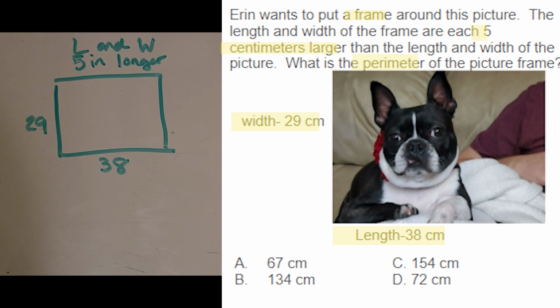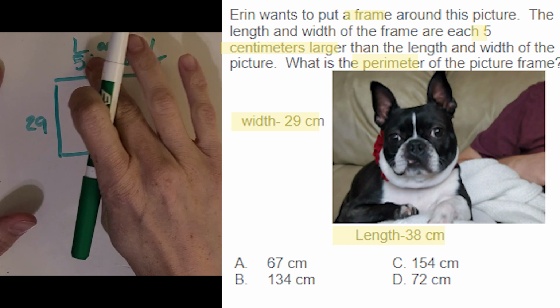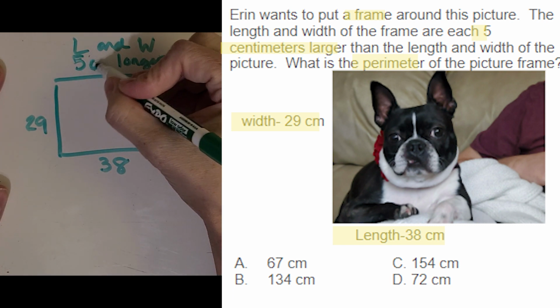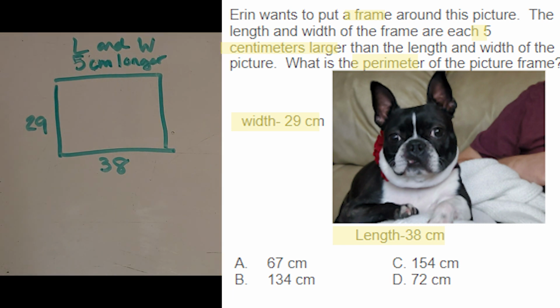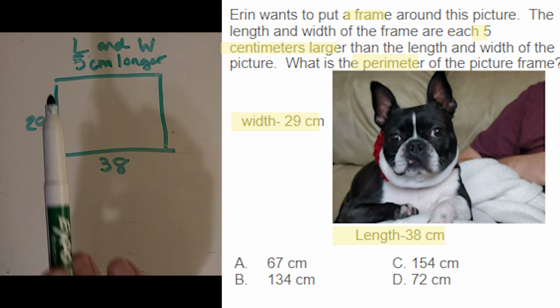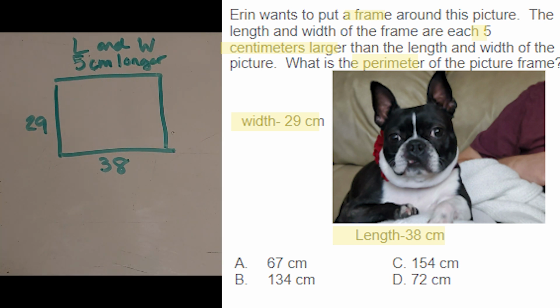All right, so I wanted to have a sketch on this side so I can really work with it. I went ahead and labeled that we have 29 centimeters and 38 centimeters, and that the length and width of the frame are 5 centimeters longer or larger.